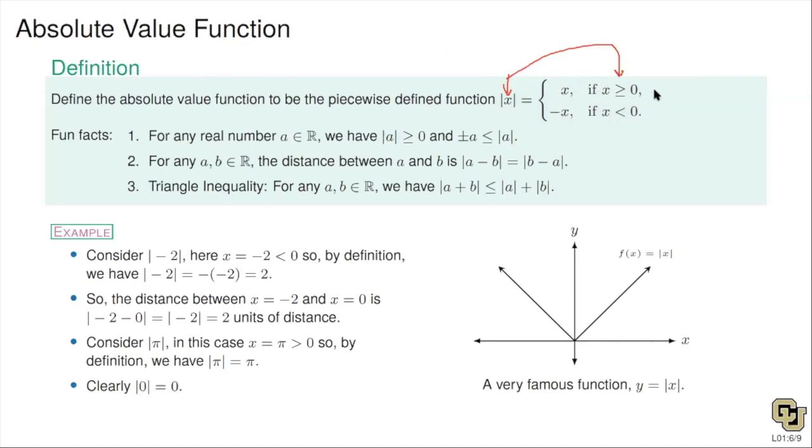Just repeat the squiggle, just return the original x. If the squiggle in between the vertical bars is negative, then we copy down the squiggle in between the vertical bars and we add a minus sign.